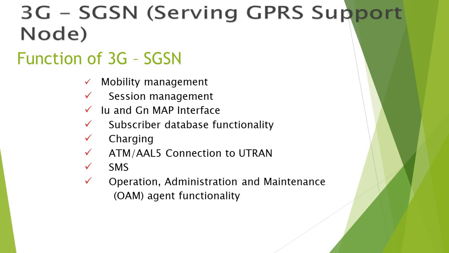Whoever the corresponding subscriber is, the particular database and which functions they need, and for charging the system, and for ATM, the asynchronous transfer mode, along with ATM adaptation layer type 5, and then SMS operation, short message services, and for operation as well as administration and maintenance.